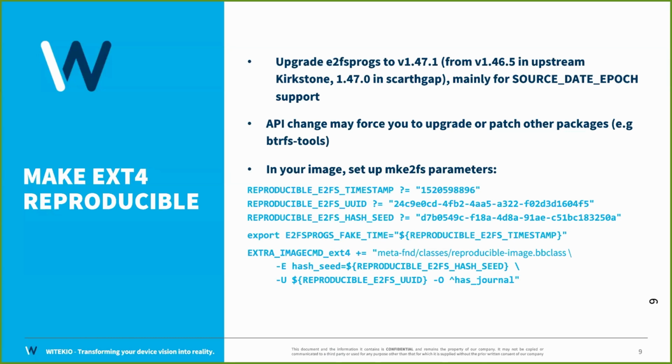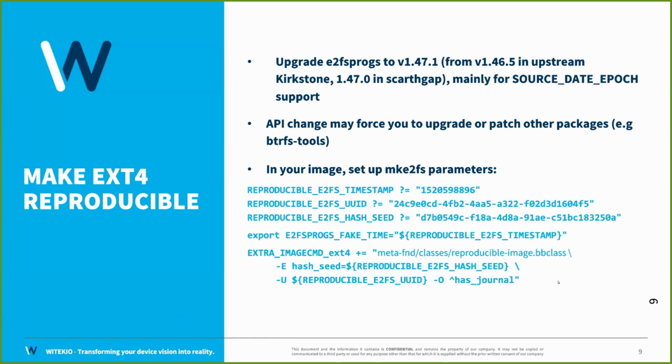But depending on what you need reproducibility for, you can derive them in a reproducible manner from the contents of your sources or from the SHA of your latest Git commit, whatever. This is just an example. The important part is what is passed, what is added to the extra image assembly for ext4 here.